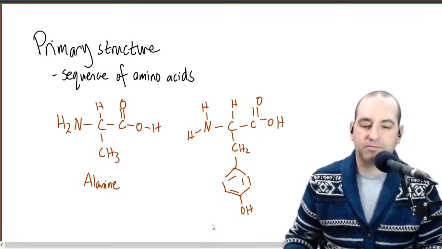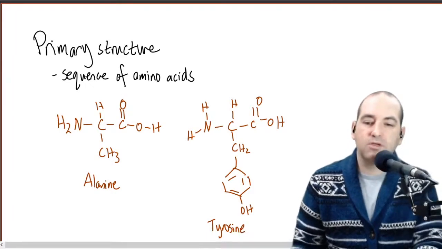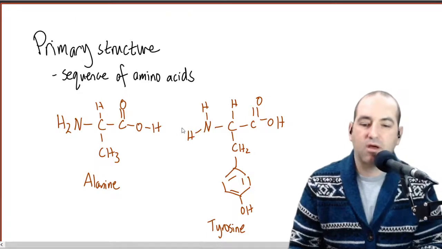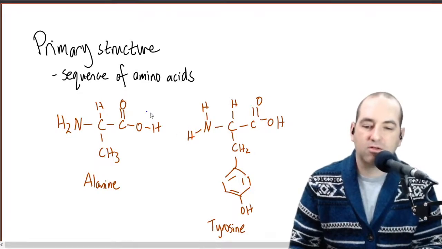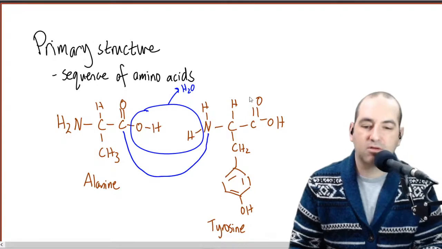All right. So we do that same reaction that should be very familiar to you at this point, where we take two hydrogens and an oxygen, get rid of them, and then connect the remaining carbon to the nitrogen.